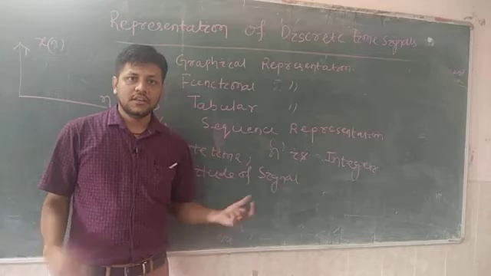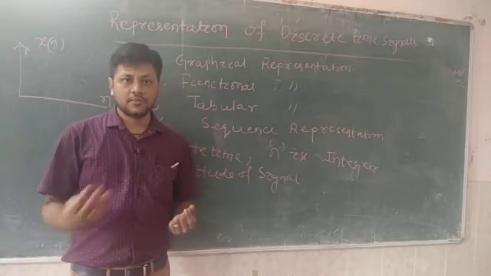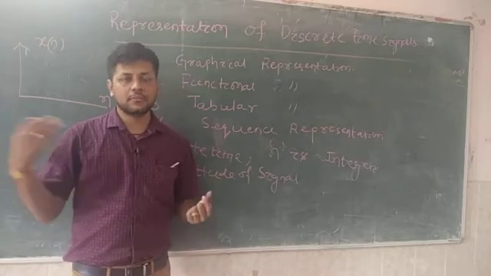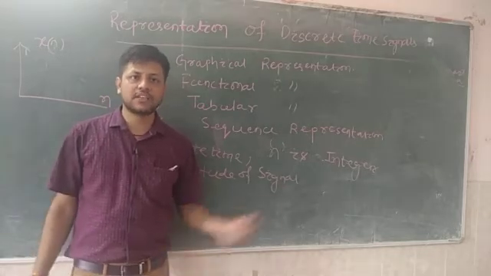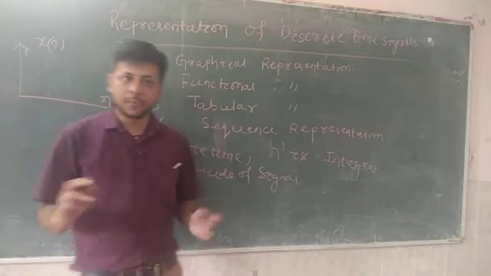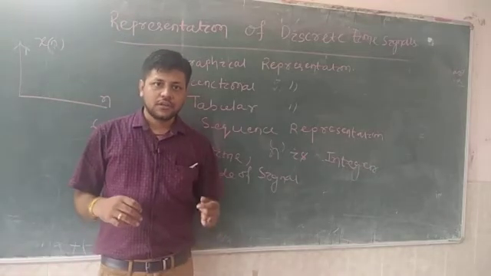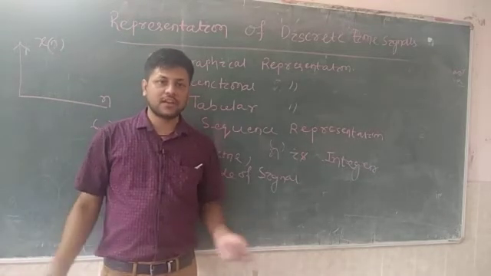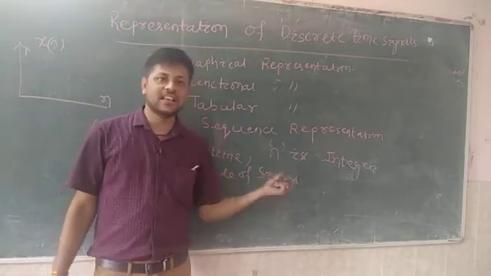That means this can be -7, +7, -6, -5, +10, +12. This can be anything, but it cannot be 1.5, 2.5, 2.57. It cannot be a fractional value. This n is an integer.